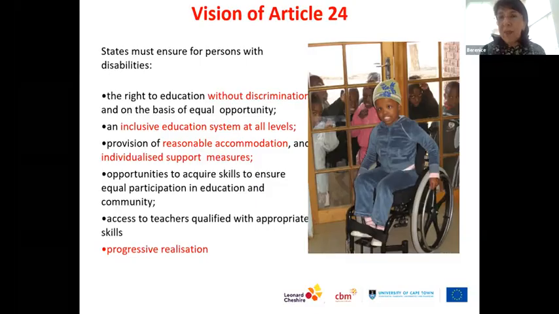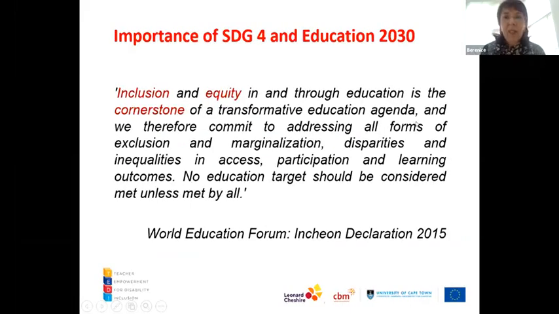So soon there will be an online course for all our teachers in the province, a free course that would enable them to develop the competencies to teach more inclusively. Okay, and that's just the importance of Sustainable Development Goal 4, Education 2030 and the Incheon Declaration.